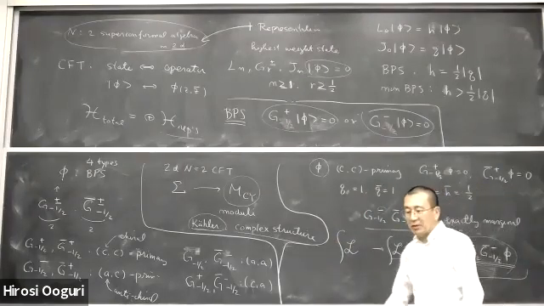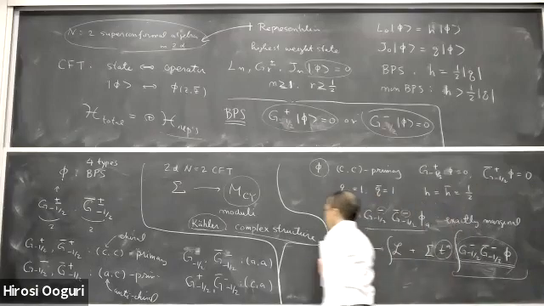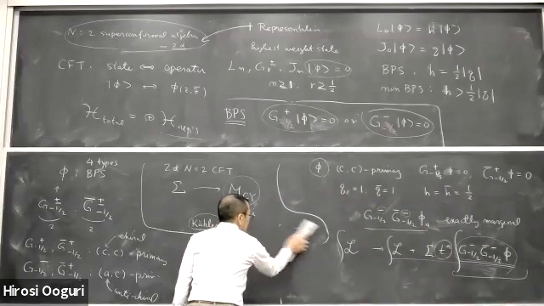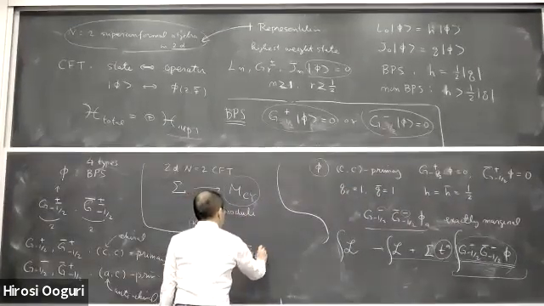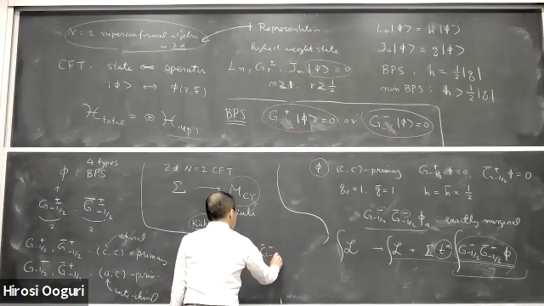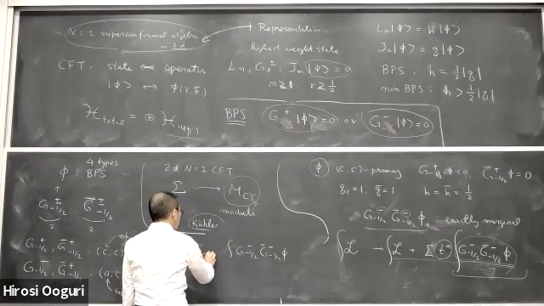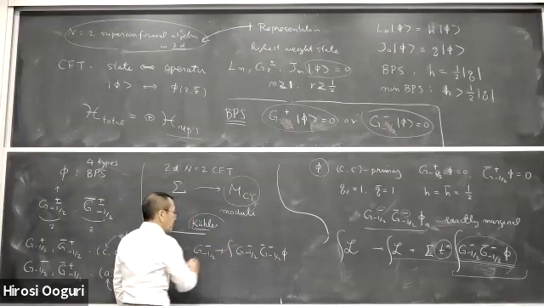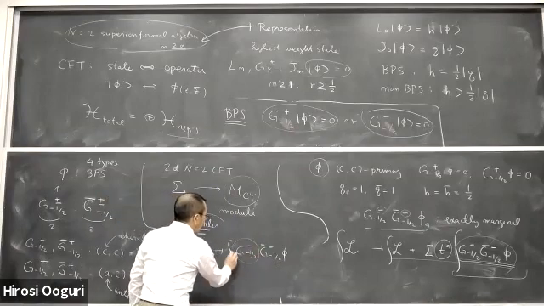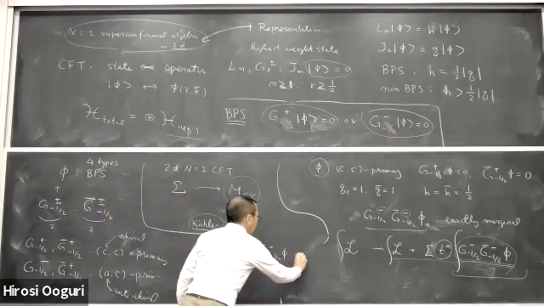So let's see how this works. For example, let's consider this operator. If you commute with G minus 1/2, then since G minus times G minus vanishes, it's nilpotent, it goes to 0.